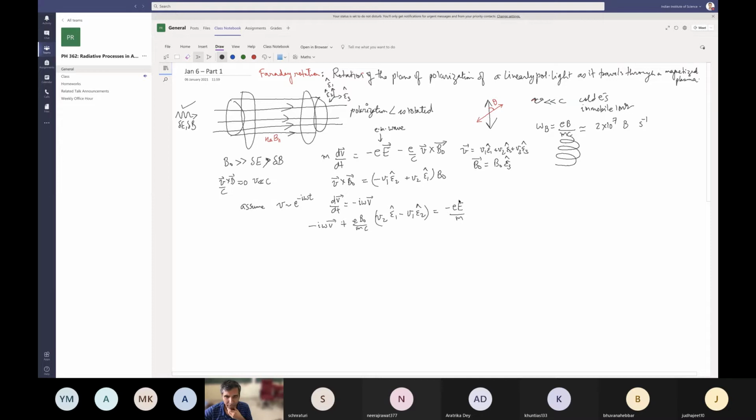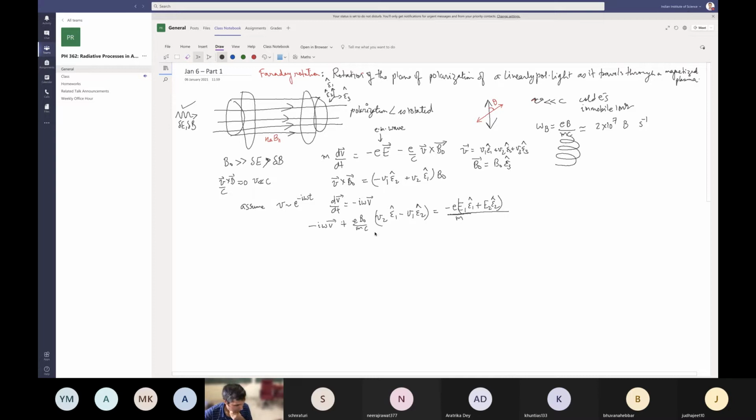So let me just write it as E1 epsilon 1 hat plus E2 epsilon 2 hat. Right, because it's a transverse wave. It can only be polarized perpendicular to the direction of K, and B and K are along each other.